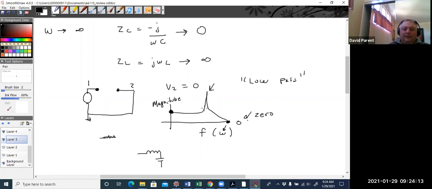And so in fact, this can be so much higher than this that people will say there's some frequency where the two impedances are equal and opposite, that the gain here goes towards, the magnitude goes towards infinity. And so, yeah, if you have an RC circuit, you can tune it to receive a radio station.